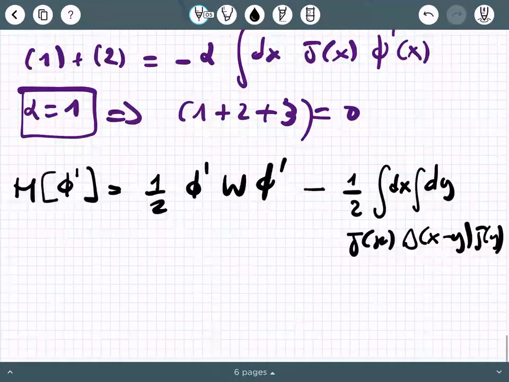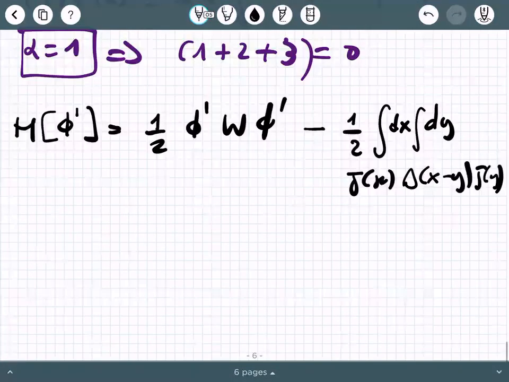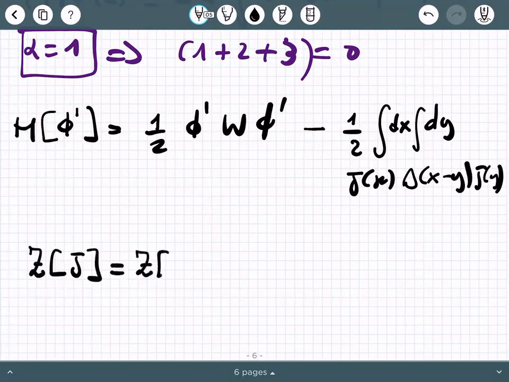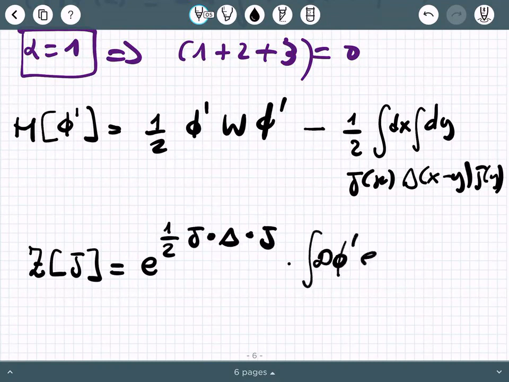So in the end, what I can say is that my partition function that I had started from will become e to the 1/2 j W j times the partition function of the remaining term.